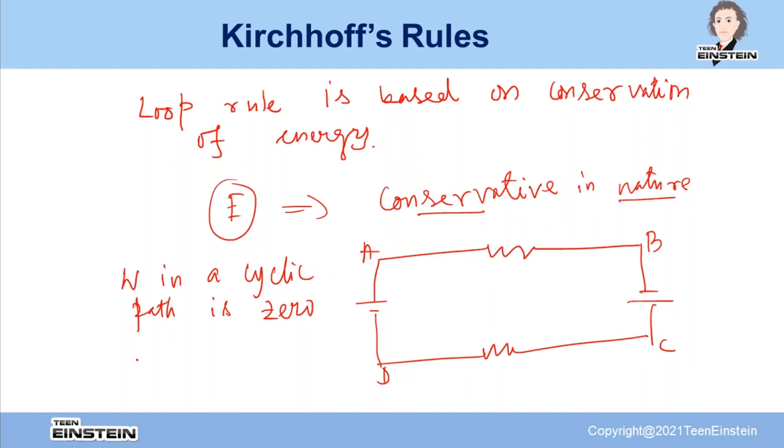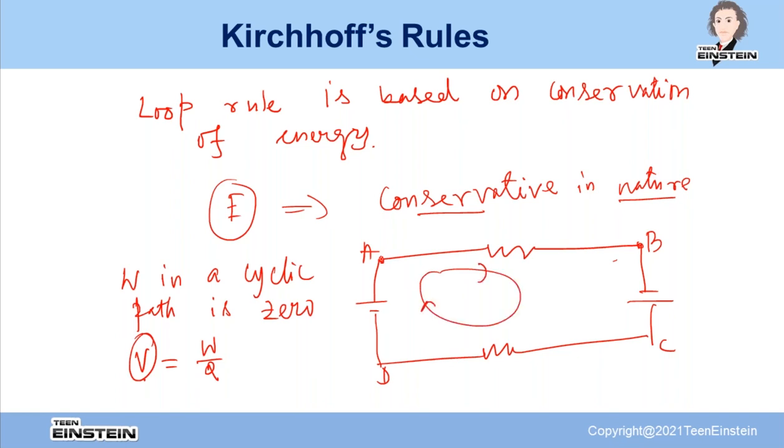Potential here is not the same everywhere. If I go through all the potentials at A, B, C, D, and come all the way back here, what is the work done? In a cyclic path, the work done will be 0 as you come back to the initial point. Understand? This is the nature of a conservative force field.